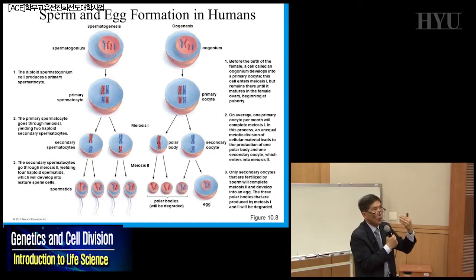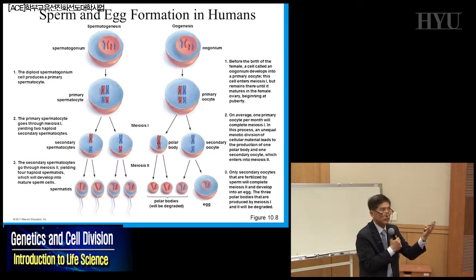Each month you use one egg. How many eggs will you eventually use? From age 10 to 50, 40 years, 12 months, 500 is the maximum. 500 eggs, that's it, no more. When you go through menopause, as your mother probably did, no more eggs are produced.